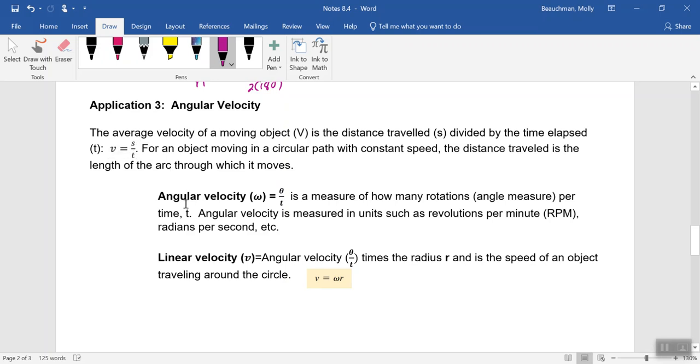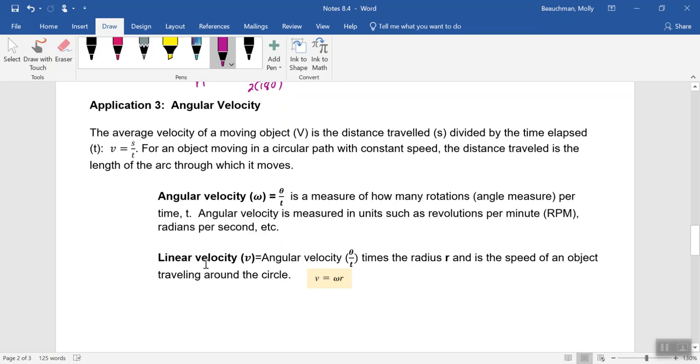So angular velocity is the angle that it moves divided by t. So angular velocity is a measure of how many rotations, or angle measure, per time t. You've heard angular velocity measured in units such as revolutions per minute, RPMs, radians per second, or rotations per second.